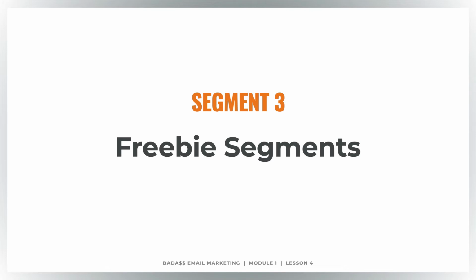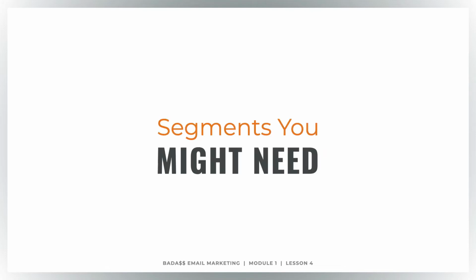So that's why it's important to think about this and plan for it in advance. So those are the three big categories that everyone needs: your overall weekly email list, your customer segments, and your freebie segments. Now let's talk about some segments that you might need based upon your potential business.